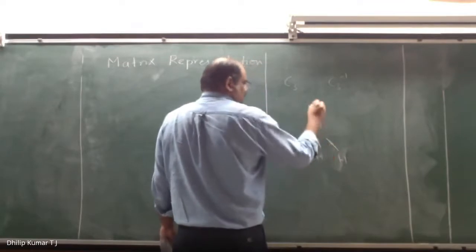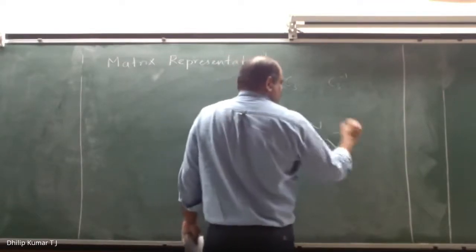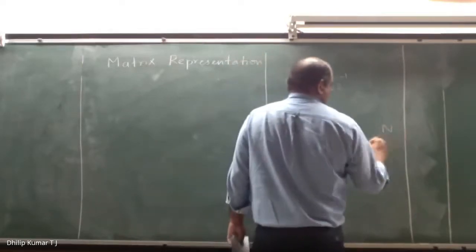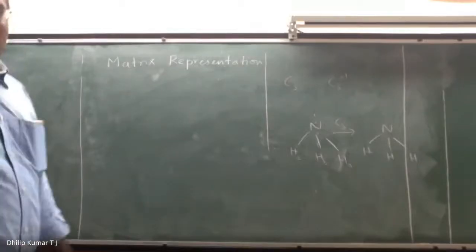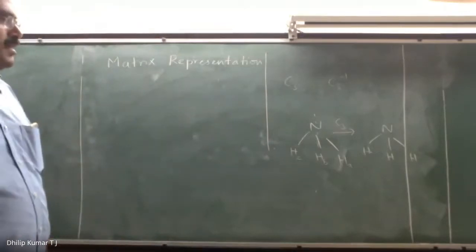So you rotate it, no? If you rotate this one, what happens? Maybe C3. But the C3 inverse is never present in any group. It may not be present.